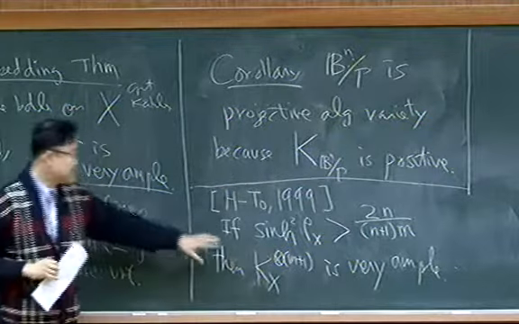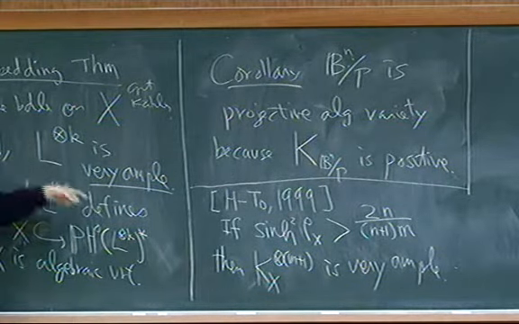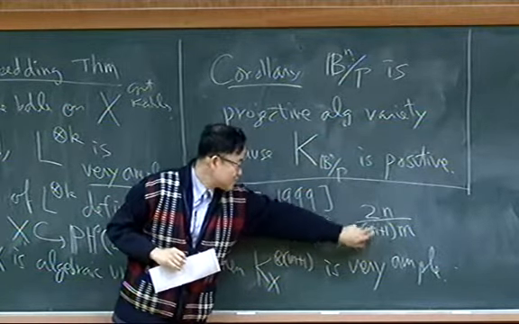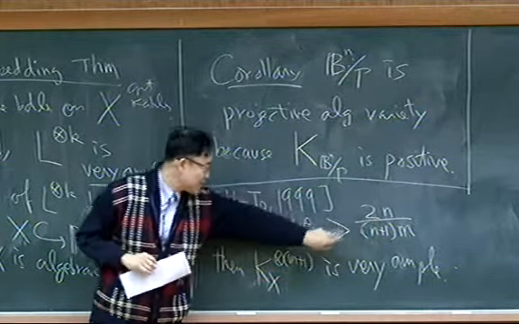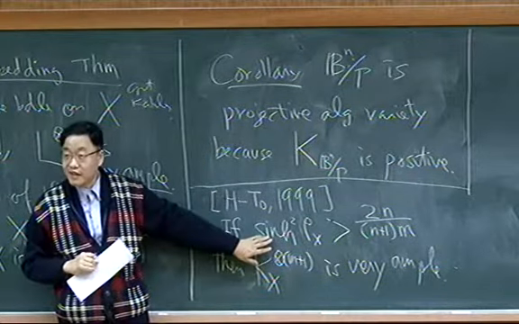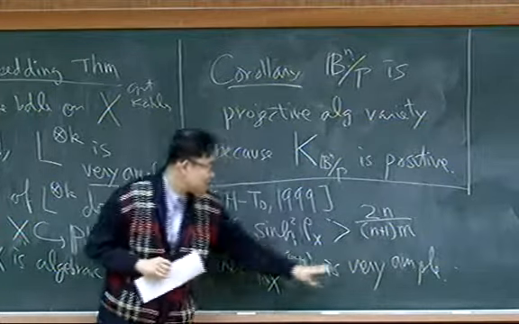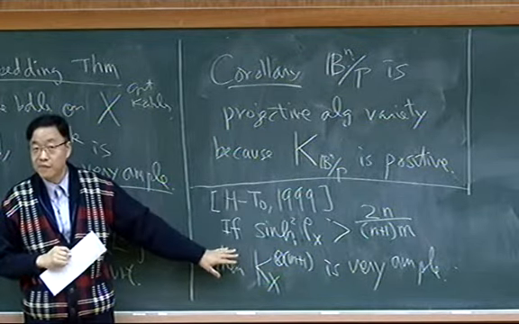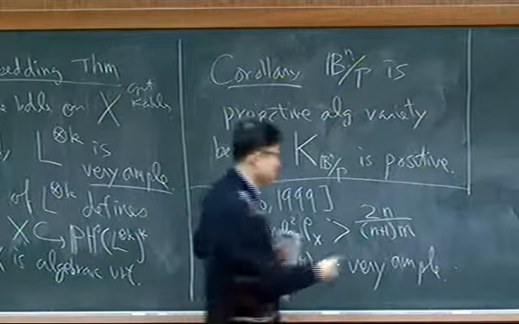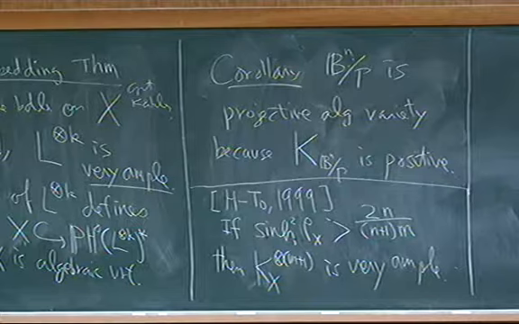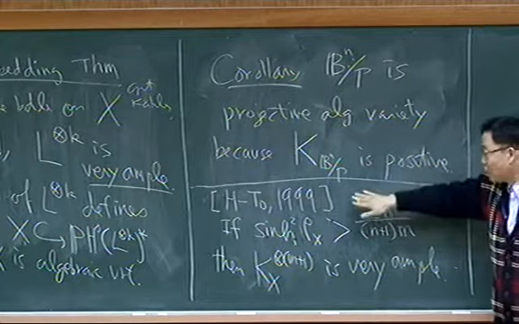So it gives an effective version of the Kodaira theorem, that it's enough to choose m as big that this number gets smaller than sinh squared of the injectivity radius. Then with this m, you can embed this hyperbolic manifold as an algebraic variety. So that was the effective Kodaira embedding theorem.